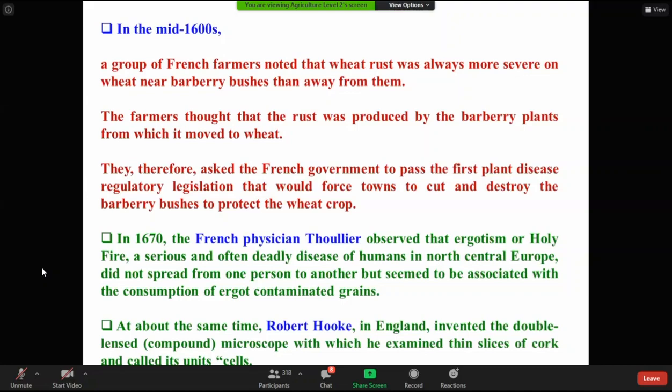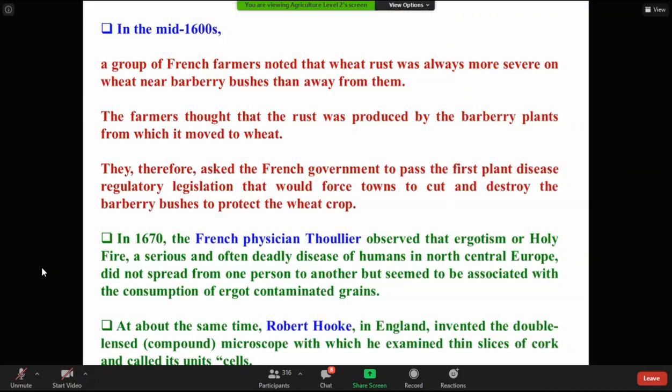in mid 1600s. Did you see after that dark period what's advantage? What they observed? The French farmer noticed wheat rust disease, and they also observed the symptom of rust is more severe in the field that are very close to the barberry plant.